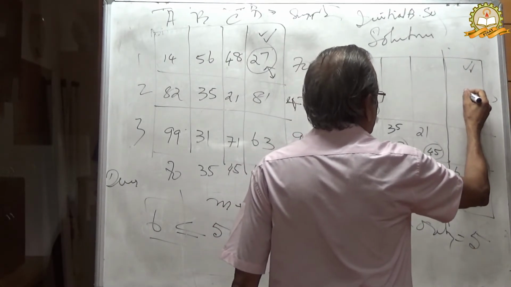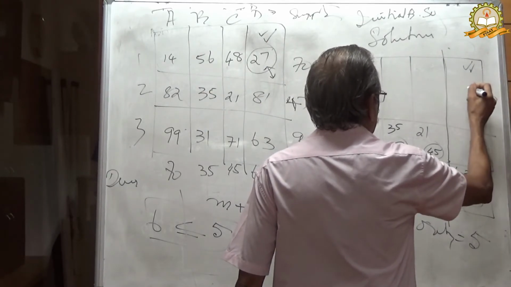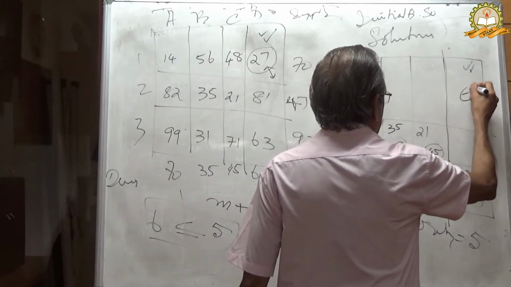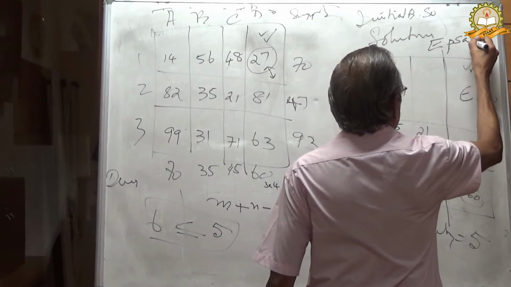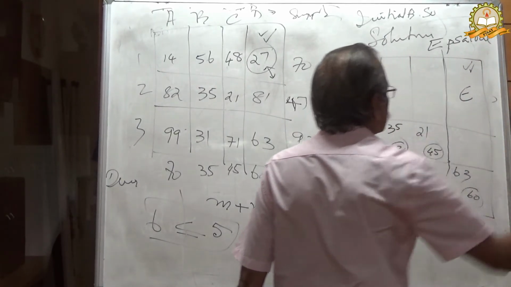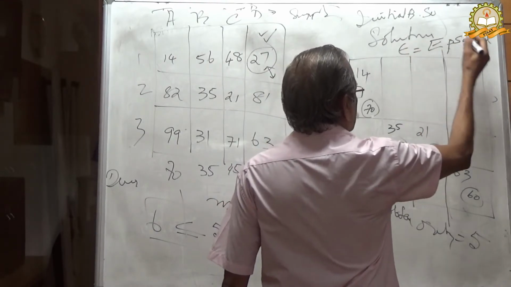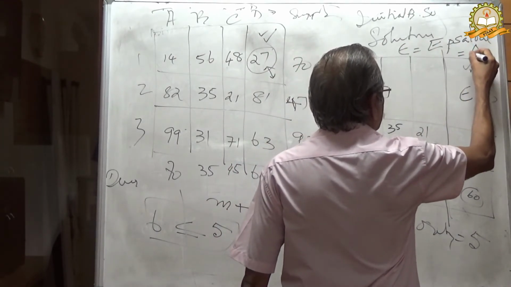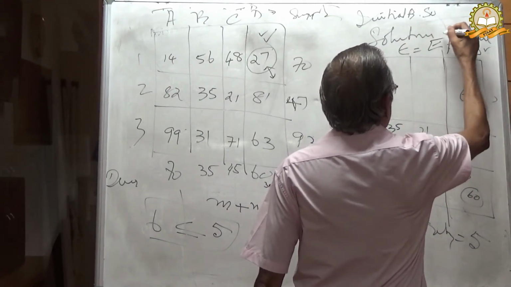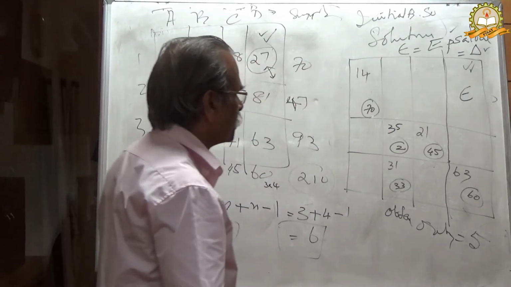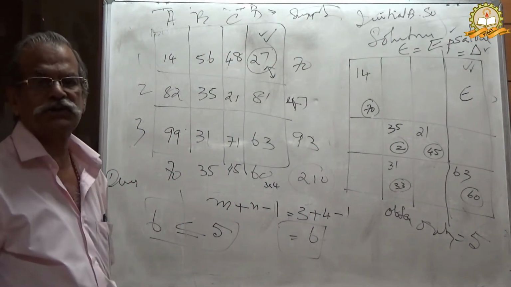Here we specify, normally we say epsilon. E means epsilon, or certain people write delta. Epsilon, delta also is mentioned.